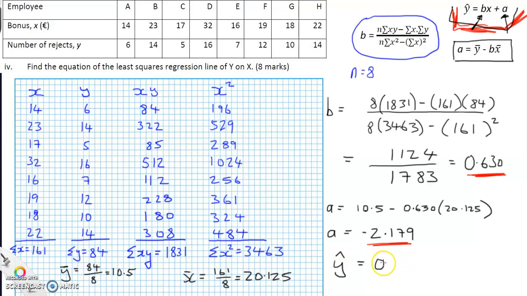So you write down 0.63 times x, just write them like that beside each other, plus a, which is a minus number, so it's just going to sit like a minus 2.179, and that is the equation of the least squares regression line of y on x. So it looks complicated as hell, but when you break it down to a little bit at a time, it's not too bad.